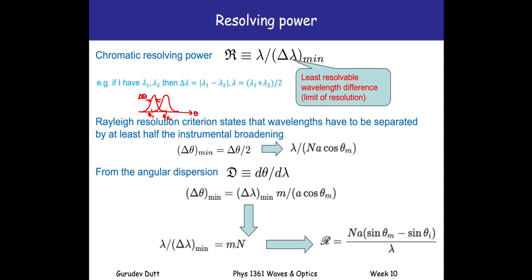But if you want to, then m is obtained by substituting in the grating equation, N times a times sine theta m minus sine theta I, divided by lambda. And that gives us the chromatic resolving power of a grating. Again, it's governed by the total grating width, N times a, and goes inversely with the wavelength lambda.